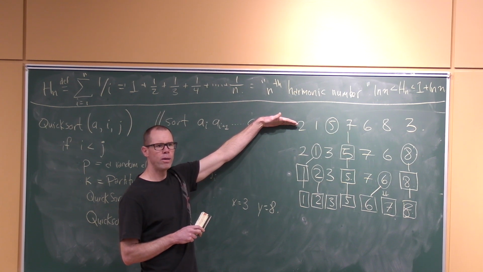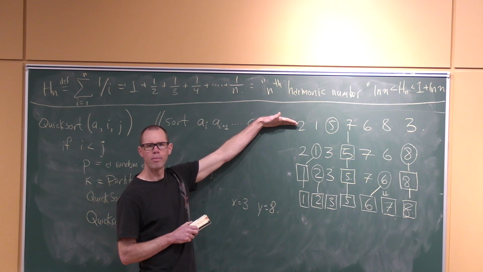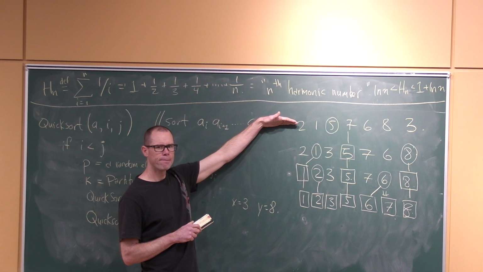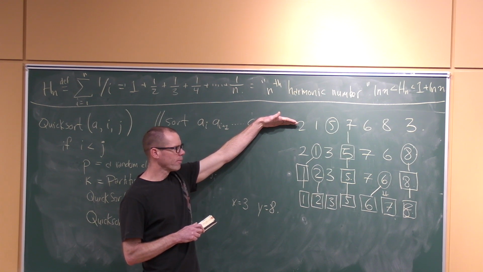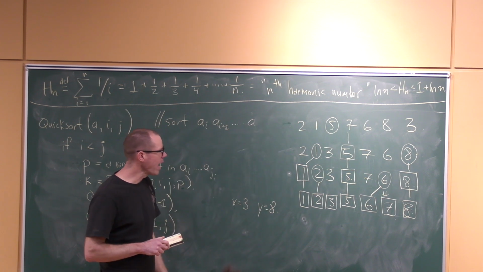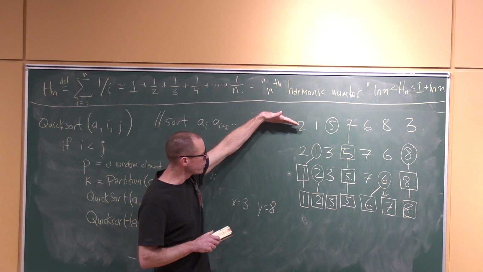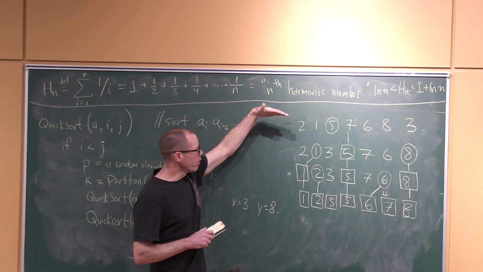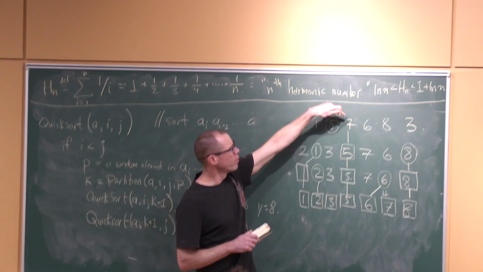So someone say yes or no and explain why. Because it was never, like, either 8 or 3 were chosen as p. Yeah. So what happened in this execution is the first pivot was 7.